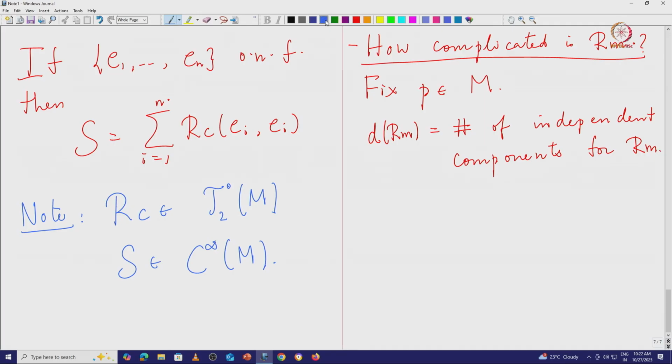Note that a priori, since Rm is a (0,4) tensor, a priori it has n to the 4 components, right.